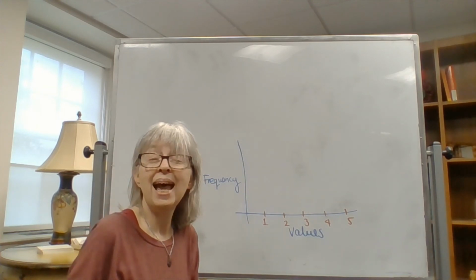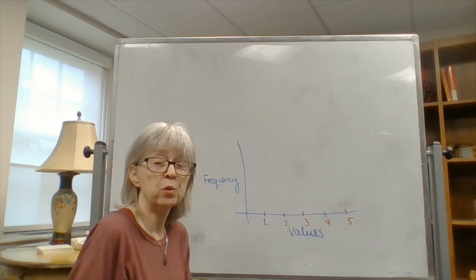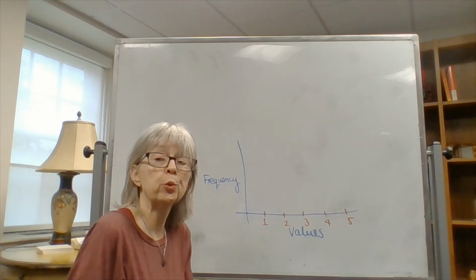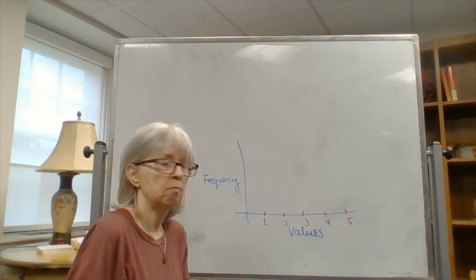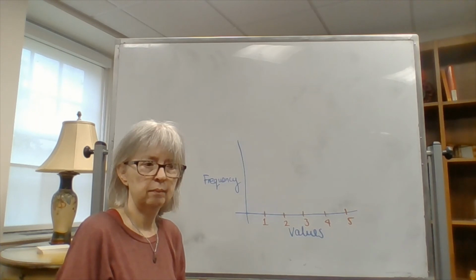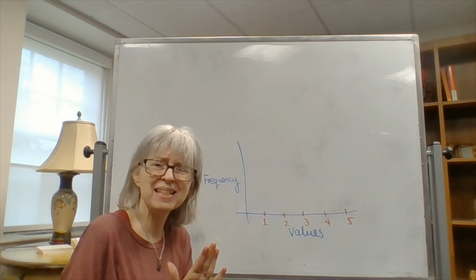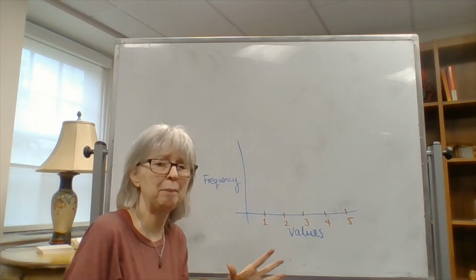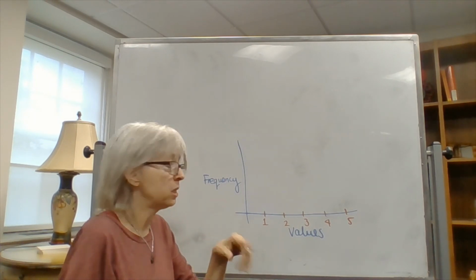So let's say I had a data set where the values that came out were just 1, 2, 3, 4, and 5. No other values came from my data set. Now I'm not showing you a data set because I want to focus on the histogram. Now I'm going to draw a histogram.